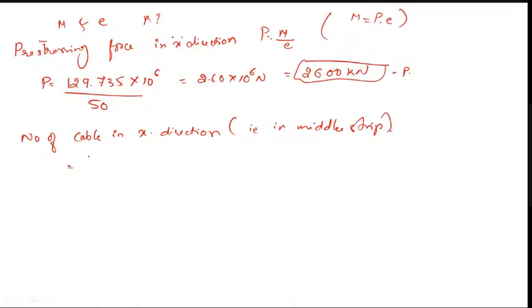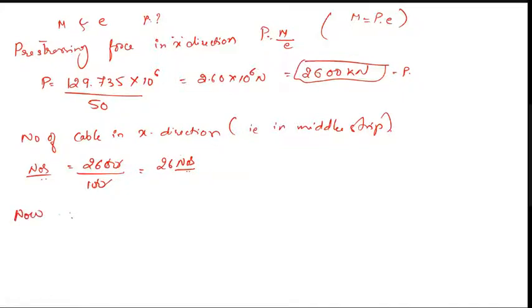It is given by total load, how much it is, 2600, and in the question each cable is 100. Therefore, I will get 26 numbers. Means throughout, I need 26 numbers.